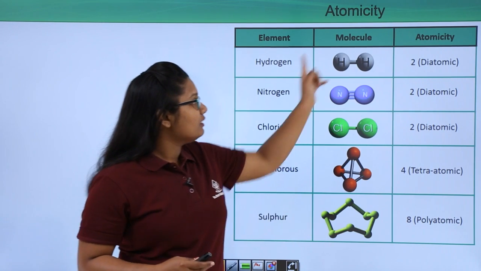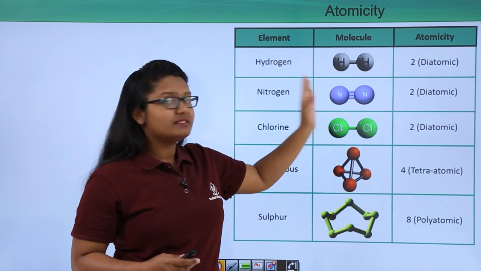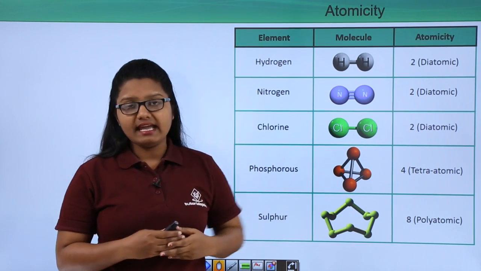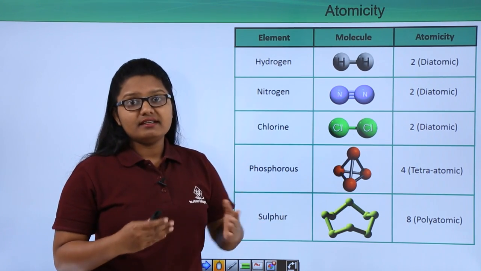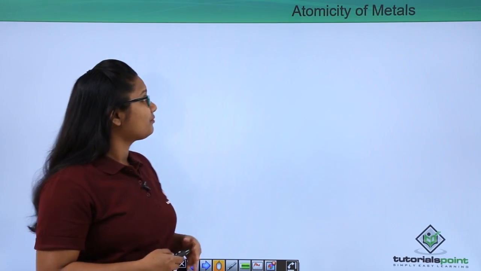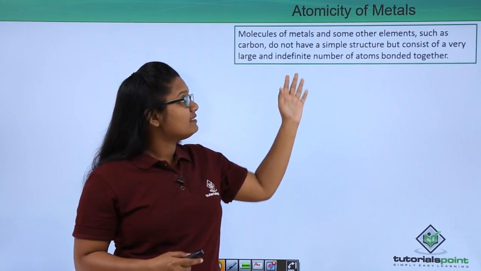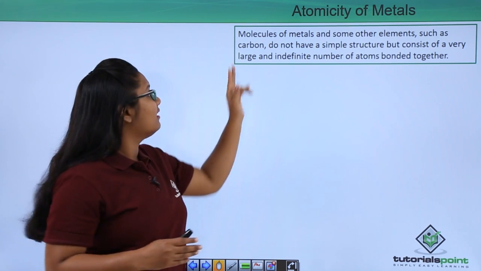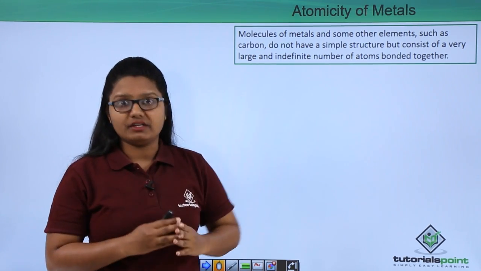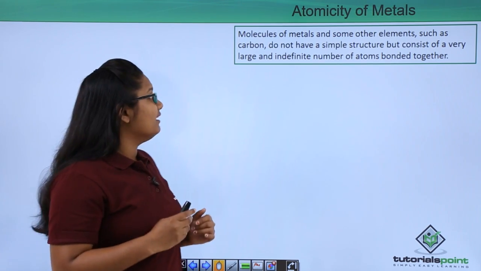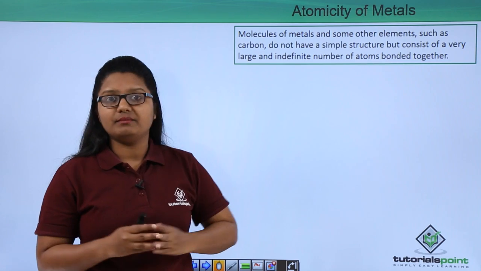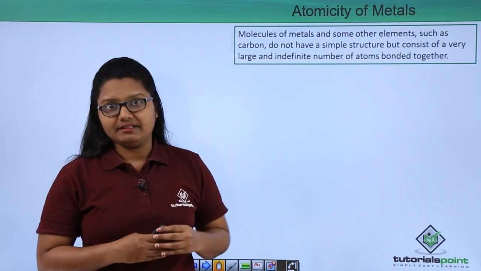Now here we notice that all the molecules that we were studying had non-metallic atoms. So now let us look at the molecules of metals. Molecules of metals and some other elements like carbon do not have a simple structure but have a complex structure. Why? The reason is they have a large number or indefinite number of atoms bonded together.